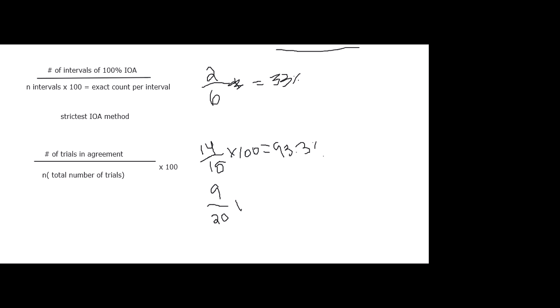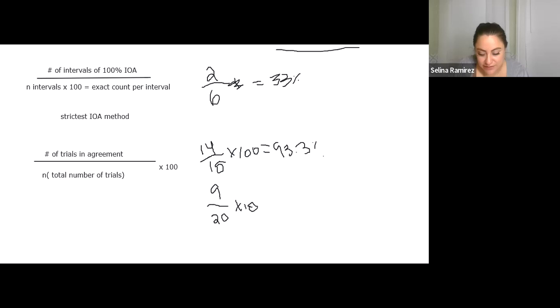Then you multiply by 100, so it's 45%. So again, it's just emphasizing how trial by trial is going to be more accurate than doing exact count. And those are all 4 methods of repeatability measurements where we are collecting IOA data based off of event recording.